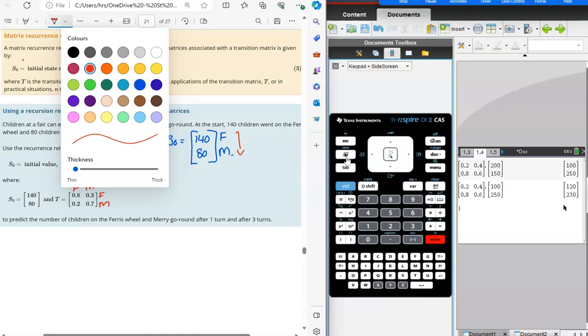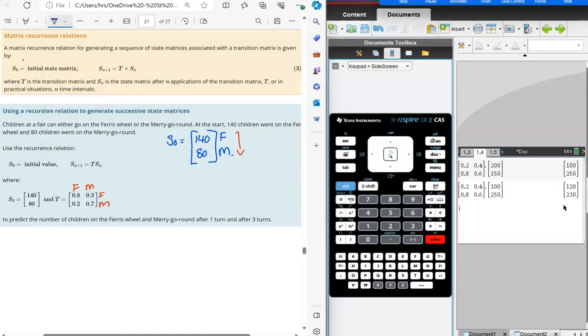Then it says down here it is used to predict how many kids will go on each of those rides after one turn and after 3 turns. So first I want after one turn, which is state 1.